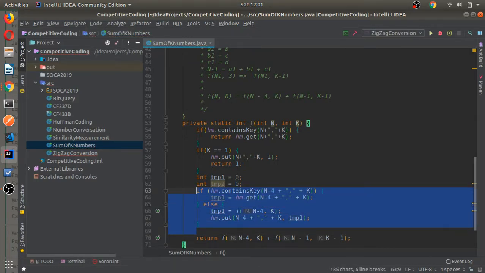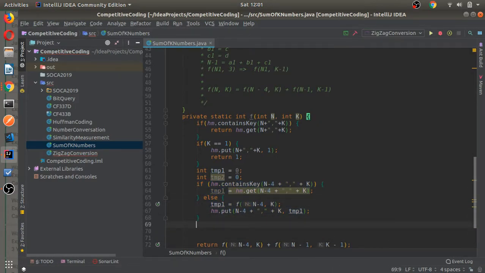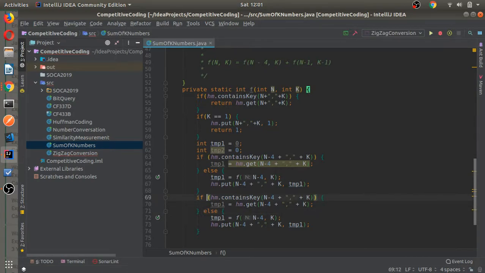Similarly we need to do this for temp 2 as well. So it's going to be n minus 1 and k minus 1. Wrap this also.